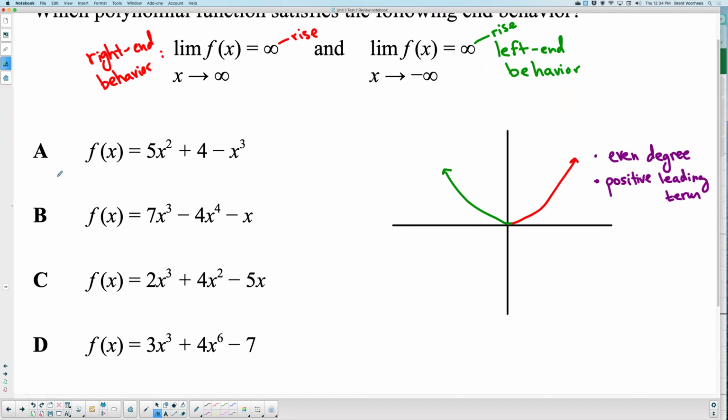Could the answer be A? No. What's the problem with A? Here's my leading term. It has two things wrong with it. It's negative and it's odd. Both of those are wrong. Okay, what's my leading term on the next one?